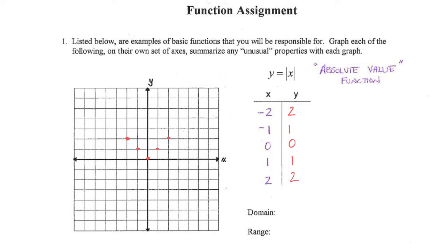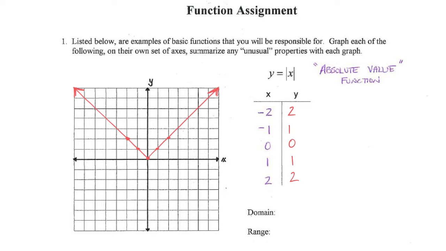Hopefully we can see that if we sub in bigger negatives, it's just going to turn them into the positive value, and if we sub in positives, it's just going to keep them as positives. As we construct our graph, the graph that you have with arrows on the ends to say that it goes on forever in those directions represents your base absolute value function.